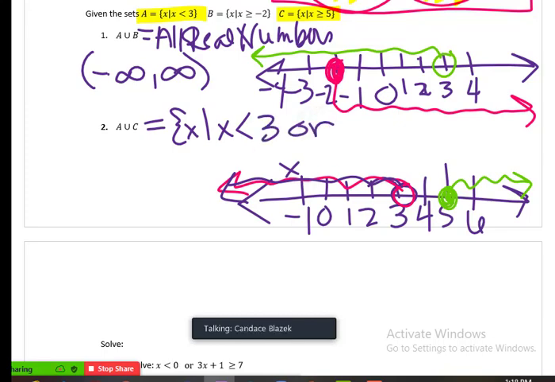Or is the word that goes with the union, not and, it has to be or. And x could also be over here to the right of 5, or x is greater than or equal to 5. And this right here would be the answer.